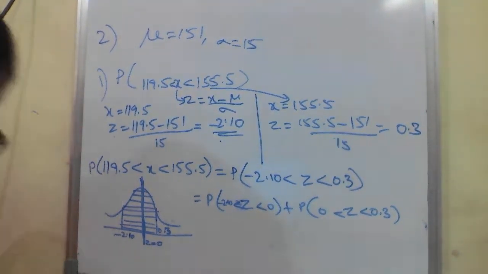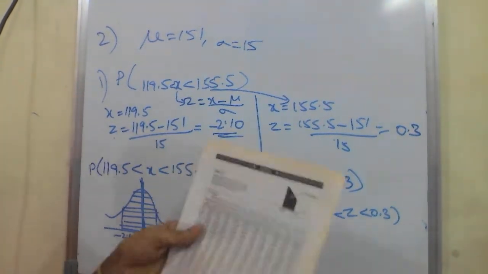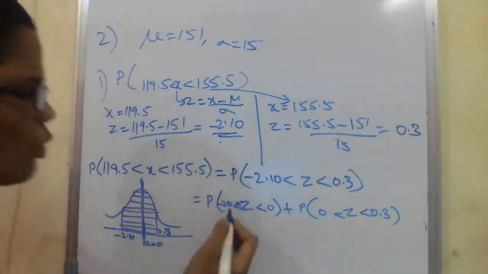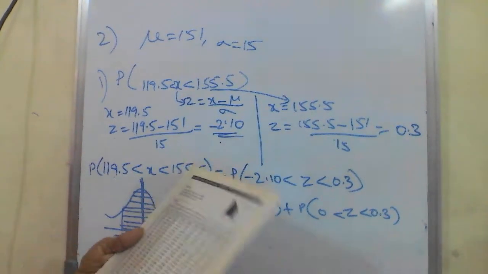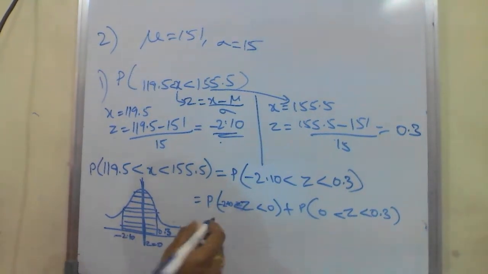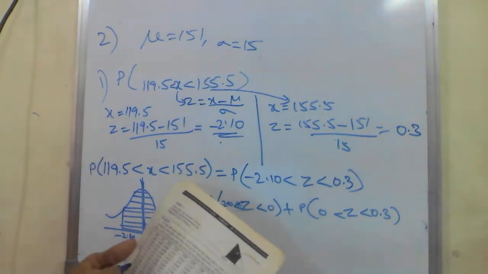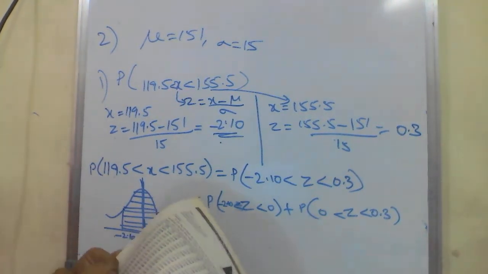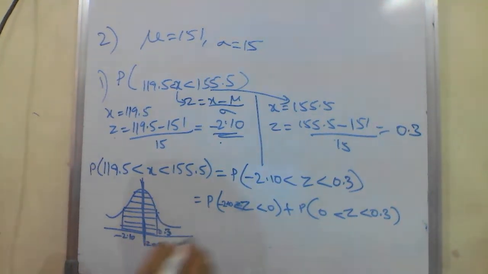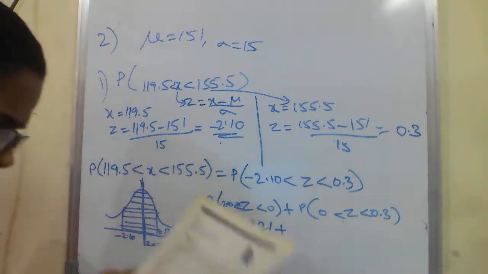So let me look at the table again. From the table, I want the z value from 0 to 2.10. So 0 to 2.10 means it is 0, 2.10. It is again 0.4821. 0.4821 plus 0 to 0.3.